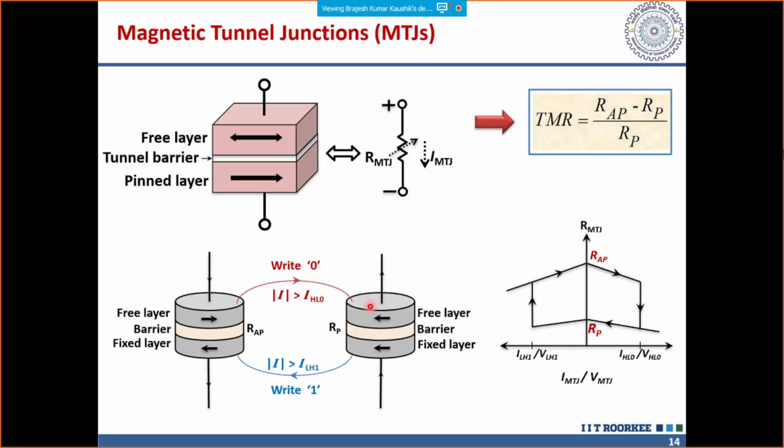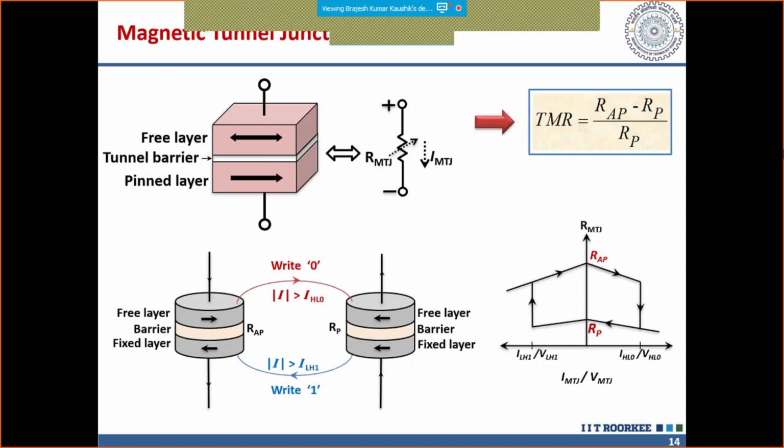Once the current is greater than that, you'll be able to change the direction of this free layer. The fixed layer will remain the same. If you pass the current from the bottom to top, and it is greater than ILH1 in this case, you'll be able to change the orientation of that layer also.